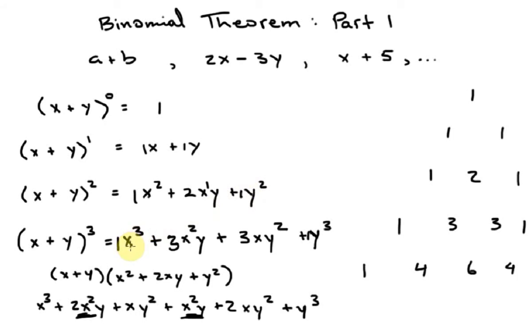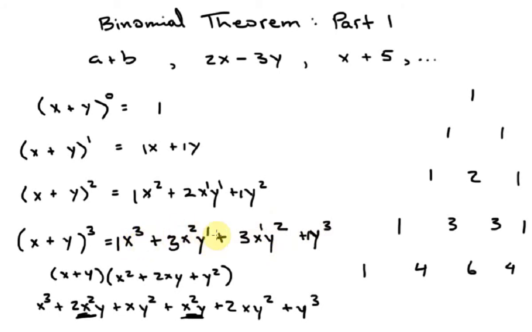In here, you see how it's x cubed, then x squared, then x to the 1, and then x disappears. And the y's are doing the same thing, but in reverse order. Like here, you got your y squared at the end, then y to the 1, and then the y disappears. Same thing here, y cubed, y squared, y to the 1, and then the y disappears.